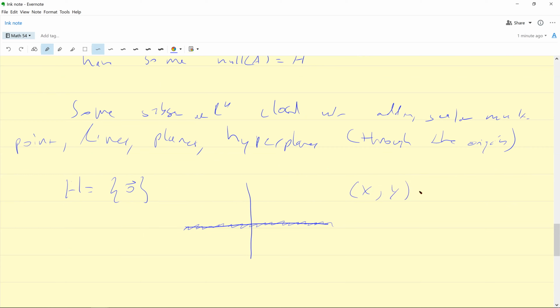For example, x, y maps to 0, y. Actually, no, I think I switched those, didn't I? Because the x-axis is where y is equal to 0. So it'd have to be x, y maps to y, 0. Oops. Yes. So now everything on the x-axis maps to 0.